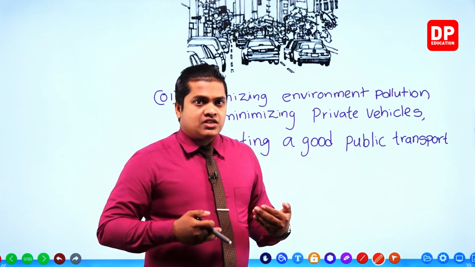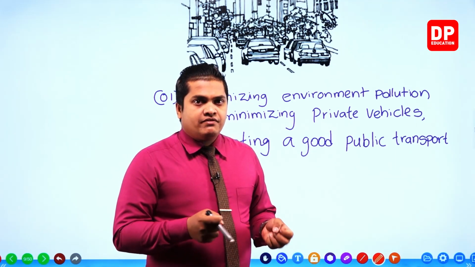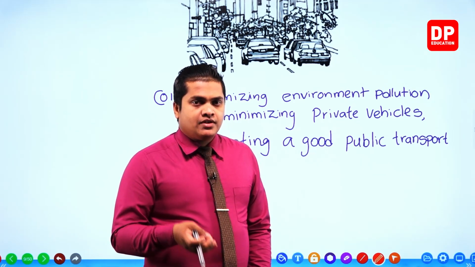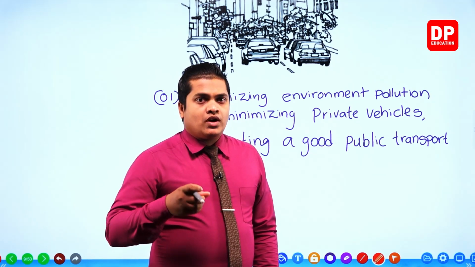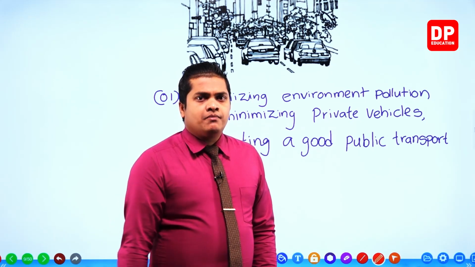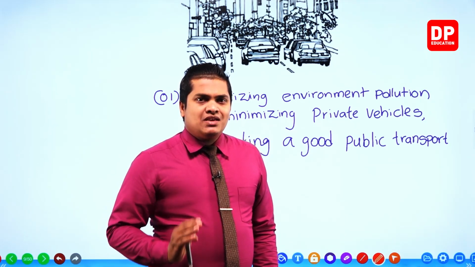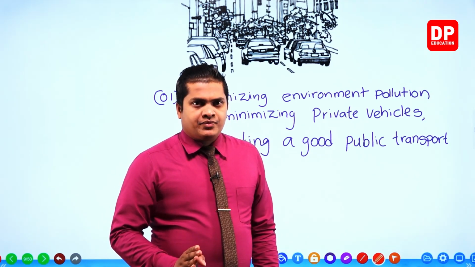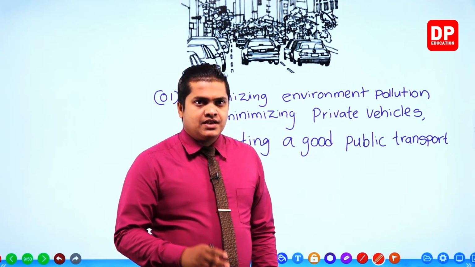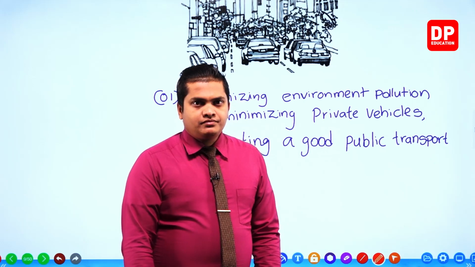If the public transport service is much more comfortable than driving a vehicle, then, my dear children, the ones who are driving a private vehicle would definitely go on public transport, right? So we can minimize the number of vehicles by promoting the public transport service, right?